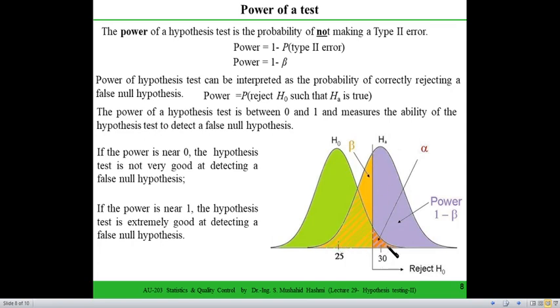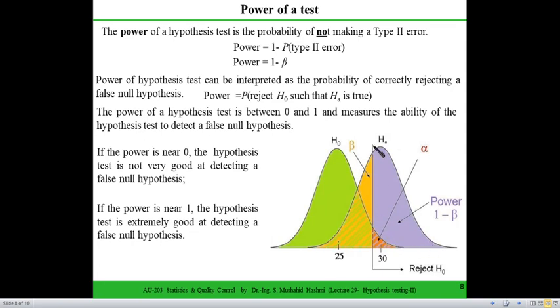We have seen that there is some common area associated, and the complement of beta, the complement of the type 2 error, is this area, represented by 1 minus beta. That area is from this alternative distribution where we can reject H naught such that the alternative is true.